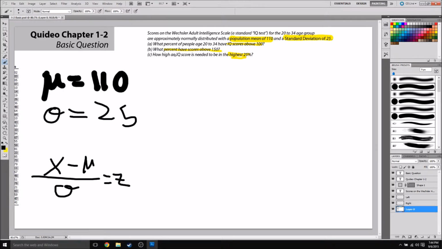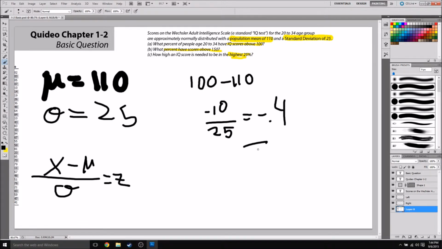Starting off with A, we need to find what percent have IQ scores above 100. Since that's the number that replaces x, we can do 100 minus 110, which is negative 10, over our standard deviation of 25, which equals negative 0.4 as our z-score.